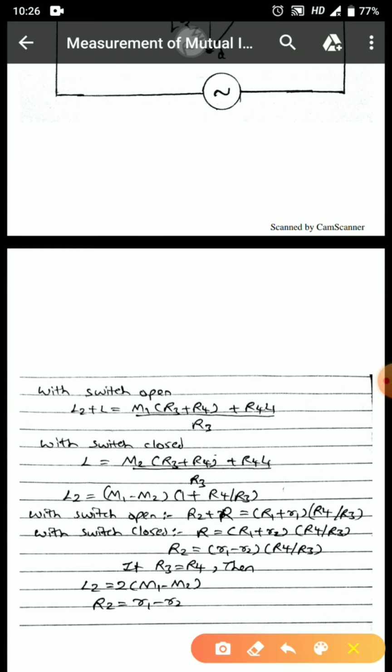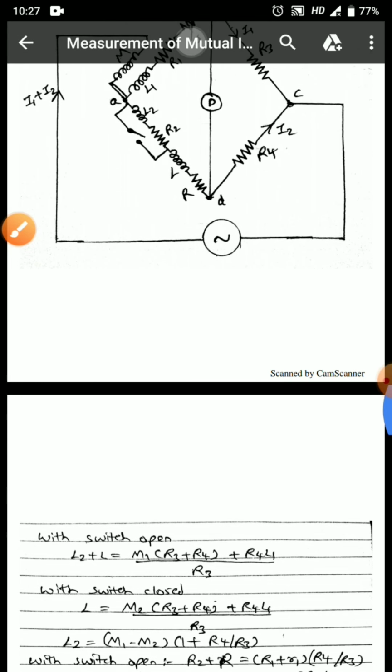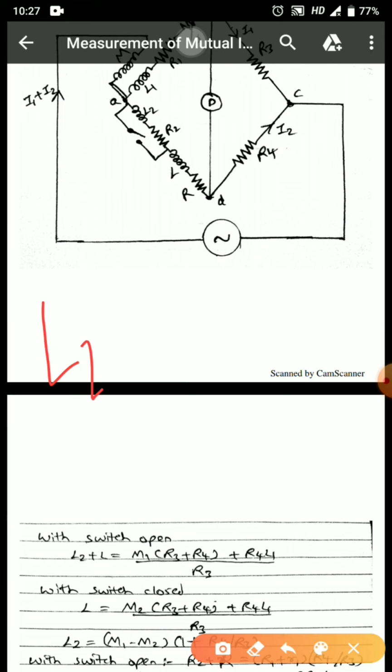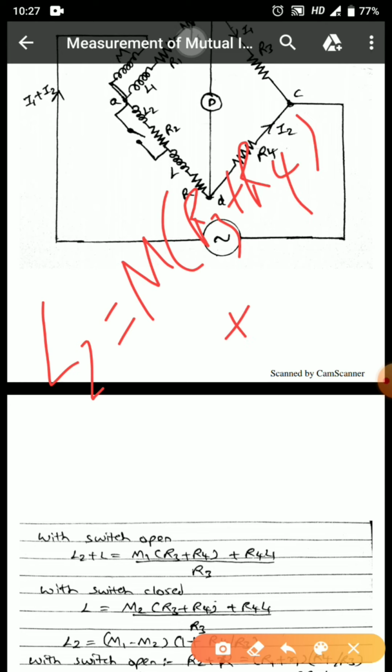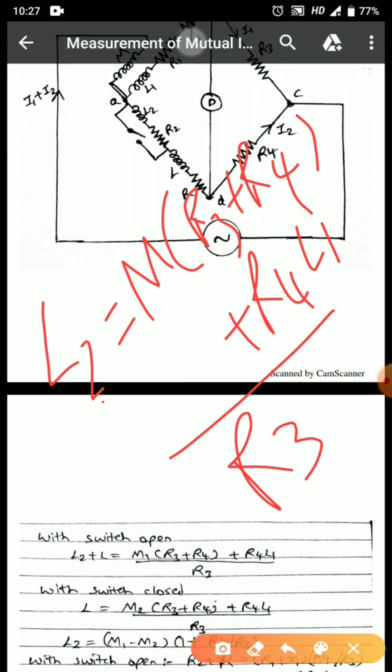Now with switch open, as we have previously seen, L2 is equal to M(R3 plus R4) plus R4 L1 divided by R3. So this was the expression that we have derived in a Heaviside's mutual inductance bridge.